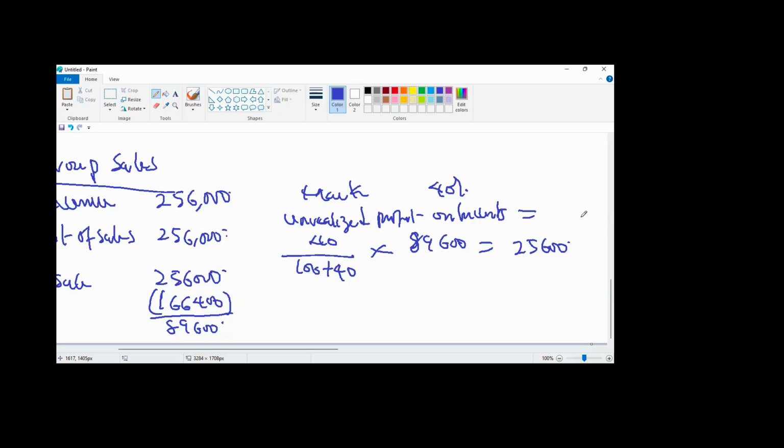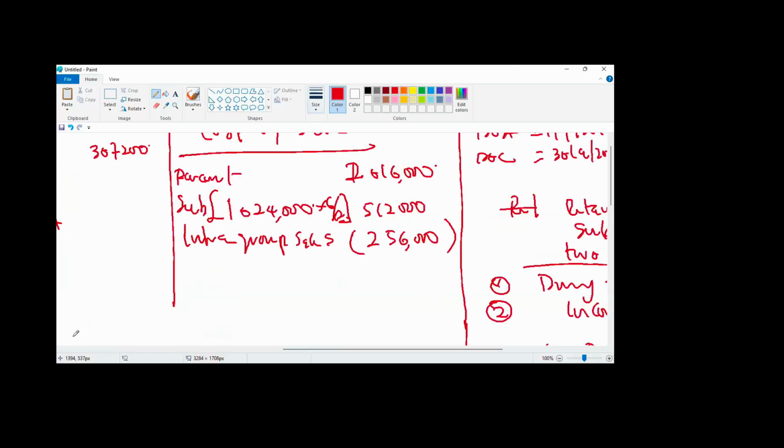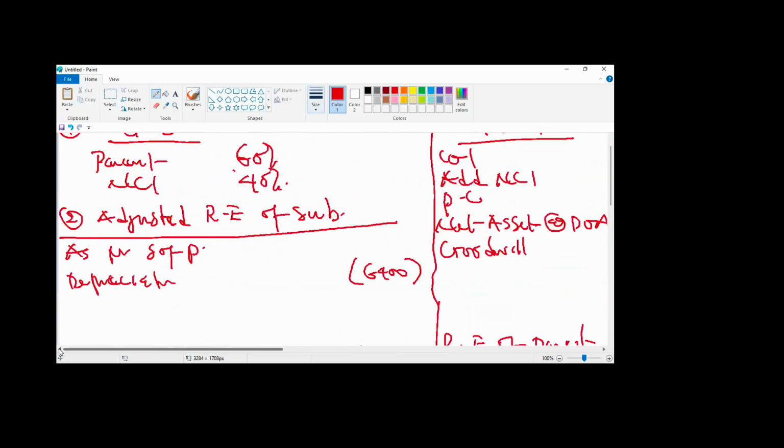So, seller account, let's go and debit the seller account and credit consolidated inventory. This is the seller's unrealized profit on inventory. 25,600 debit.